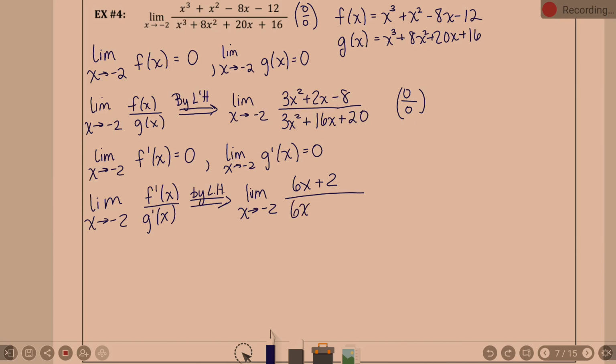It actually works this time, folks, if you plug it in. 6 times negative 2 plus 2 is negative 10, over 6 times negative 2 plus 16.